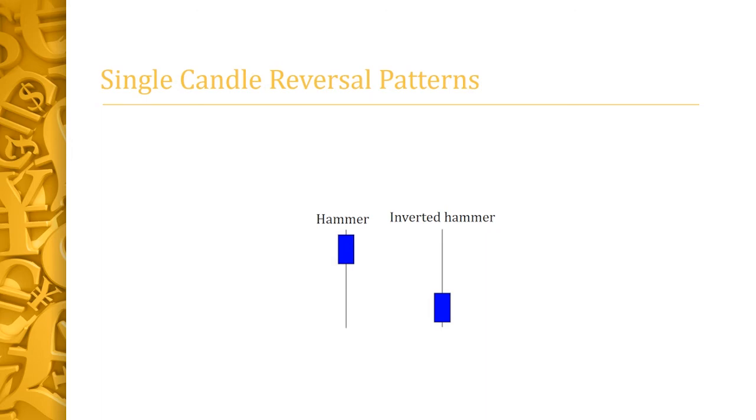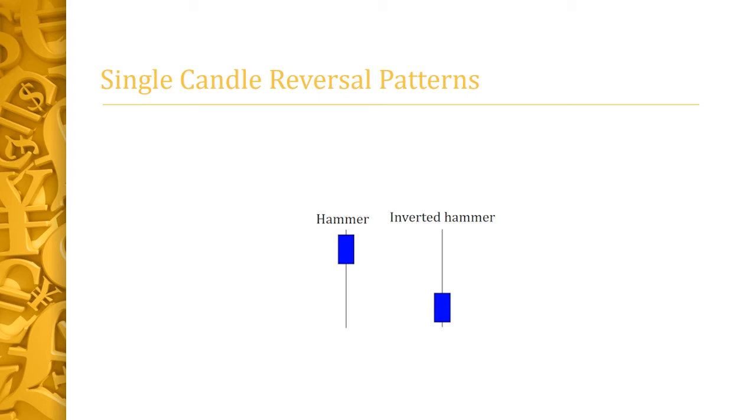Well, those two single candle reversal patterns are very useful when you use them in the right place and at the right time, and they are the hammer and the inverted hammer. We have some rules about those two candles. The rule is that the real body is at the upper end of the trading range for the hammer.